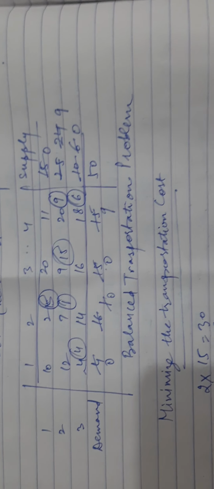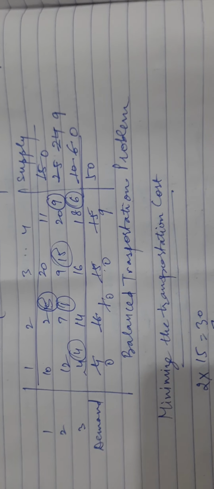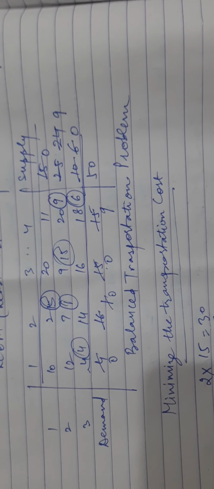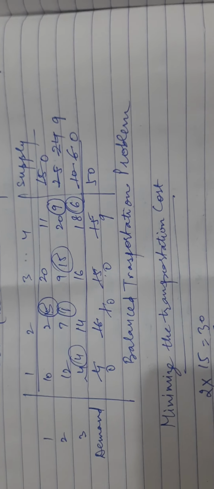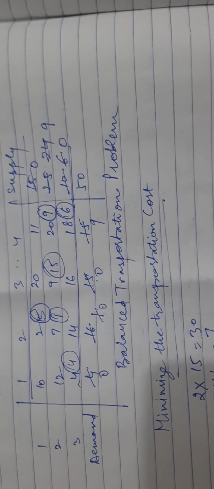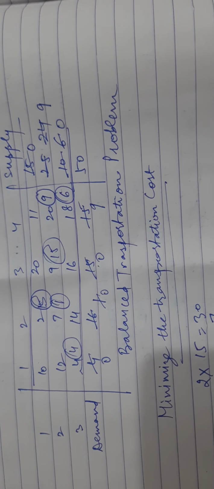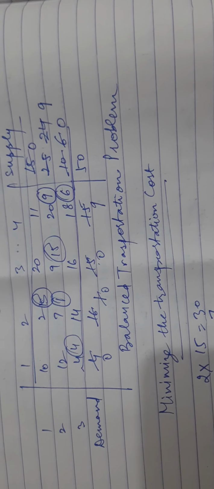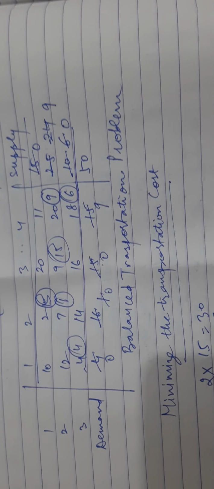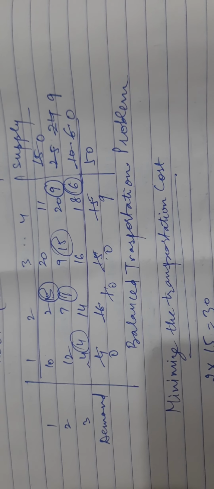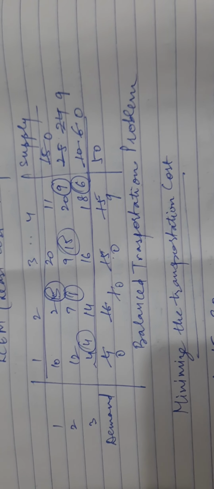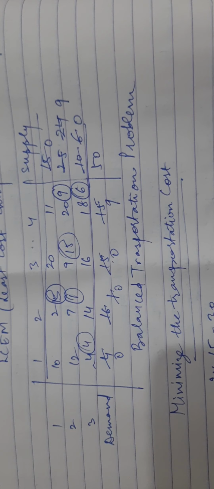So this is 135, this is 180, this is 16 and this is 108. So the total comes to 720. So this is my cost. No, it is 476 in this case. So the cost is 476.